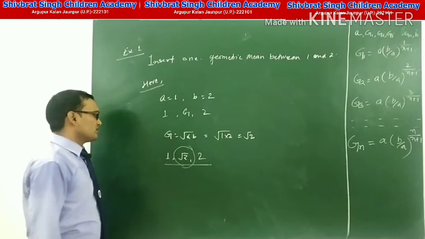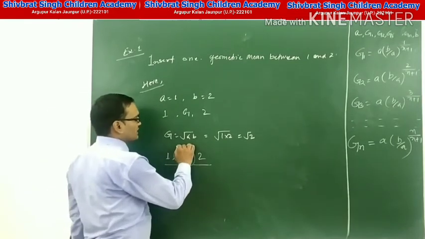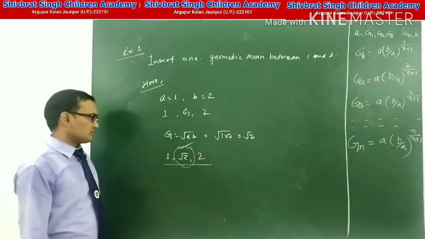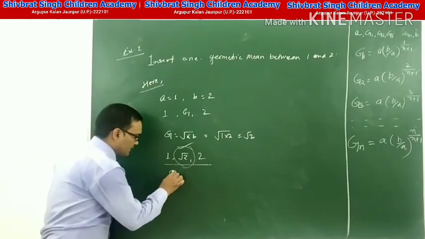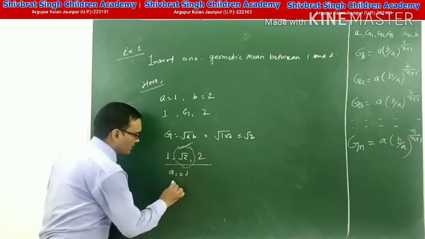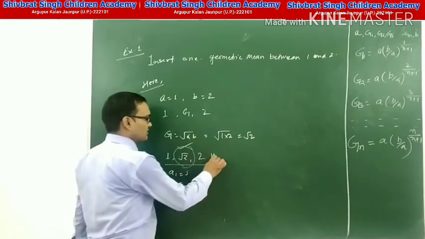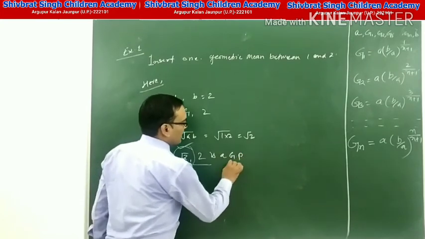Check whether this is a geometric mean of 1 and 2. Now here a1 equals 1, a2 equals root 2. Now we check whether this is a GP or not.